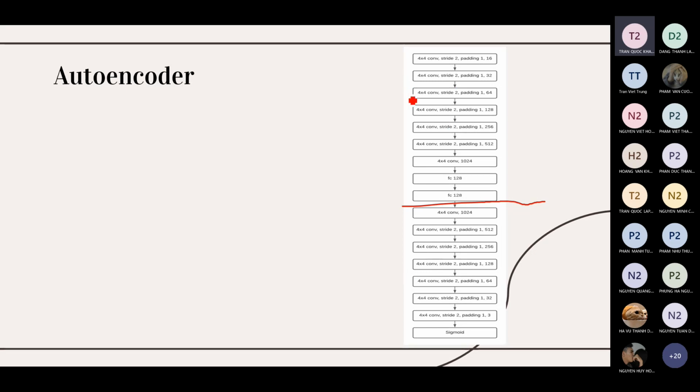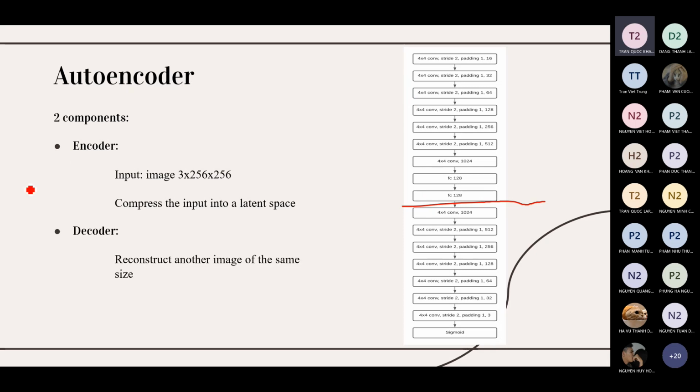We use 4x4 filters, stride 2. So that's the description of the encoder and the decoder. The goal of our autoencoder is to output an image which is similar to the input image, so we use mean square error loss to compare the input image to the output image, backpropagate the gradient and update the weights.